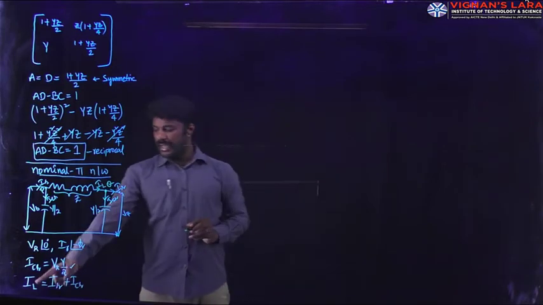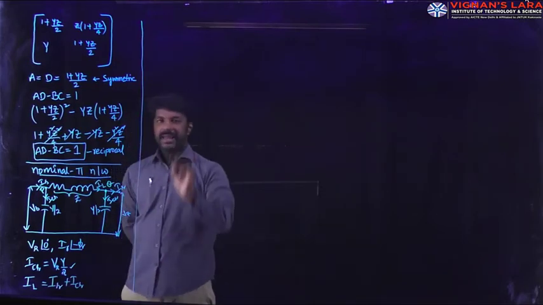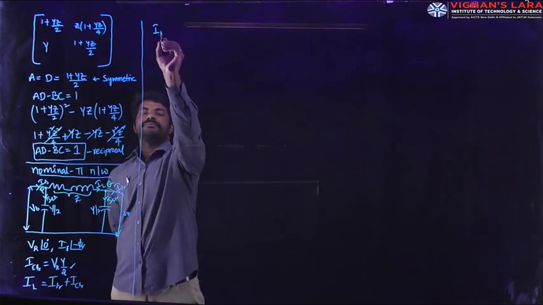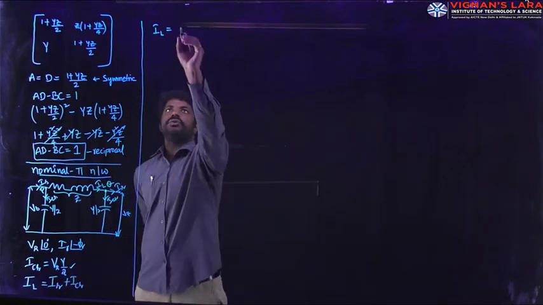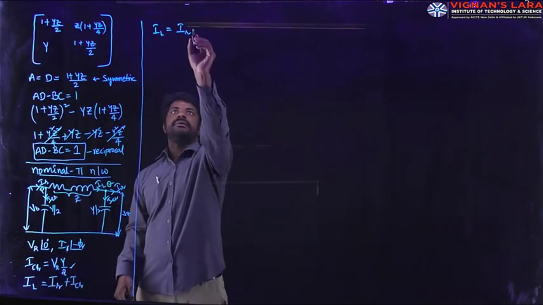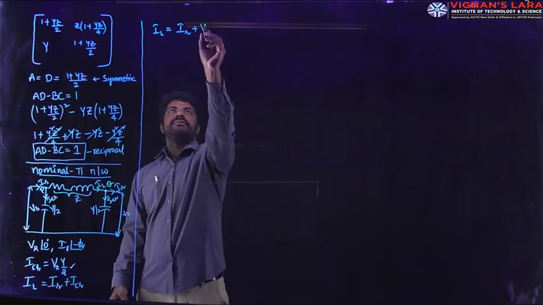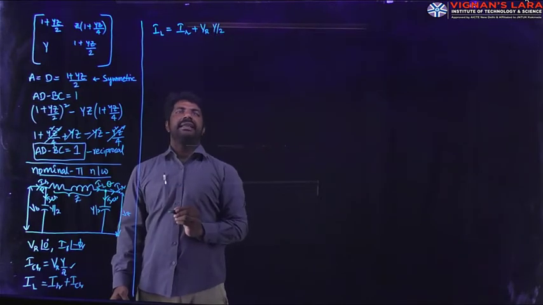So now IL can be written as IR, a known quantity, plus ICR, which is equal to VR into Y by 2 as per our analysis.